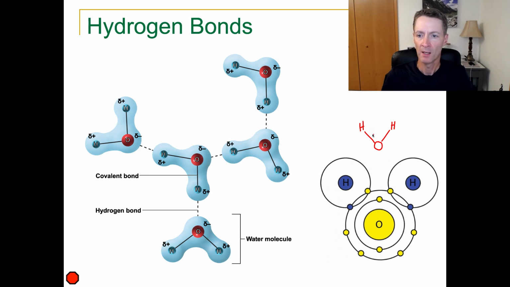Again, this represents the sharing of 1, 2 electrons, 1, 2 electrons for each covalent bond. And we're going to have more of a positive charge on the hydrogen side and a more negative charge on the oxygen side because the electrons are there more of the time.